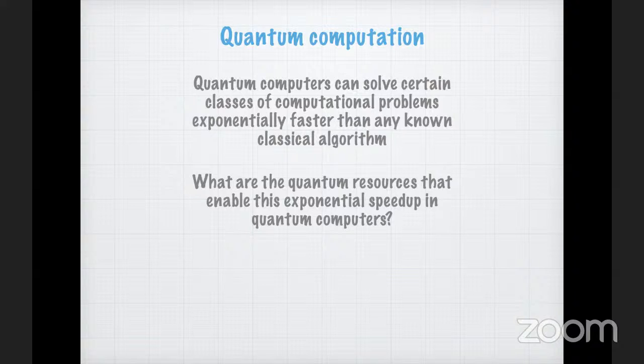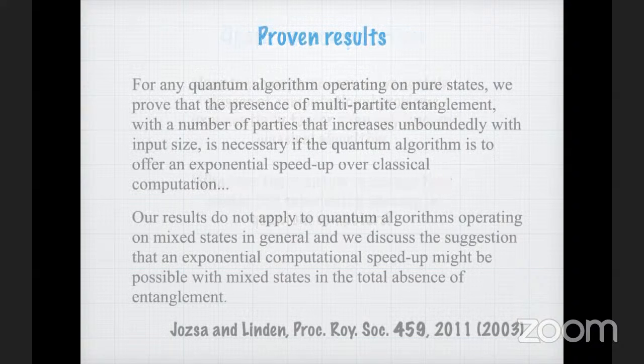So now, what is known about the resources? Well, the celebrated result by Josza and Linden back in 2003 talks about requiring entanglement that grows with the system size, with the problem size, as one of the essential requirements for a pure state quantum computer to be truly better than a classical analog.